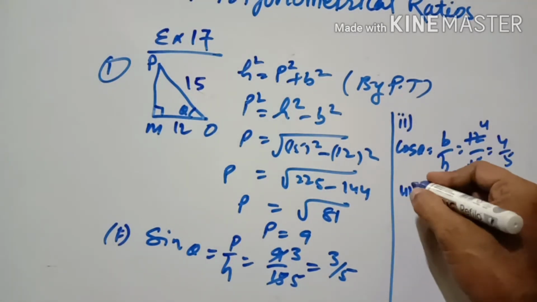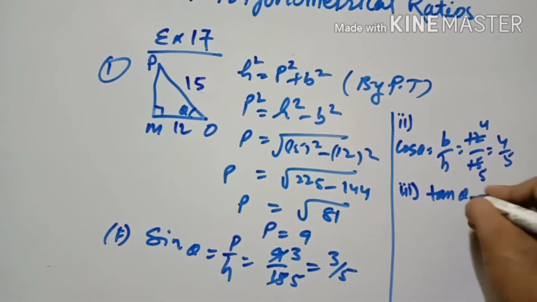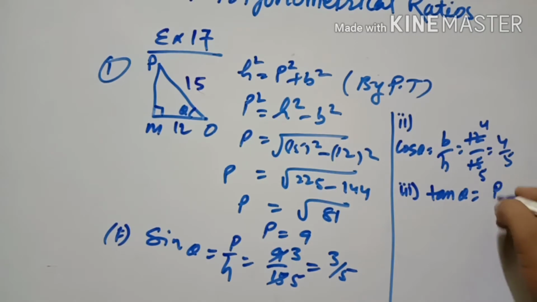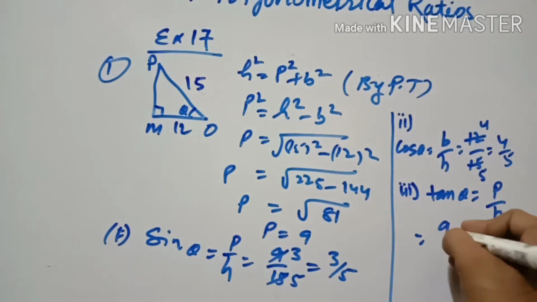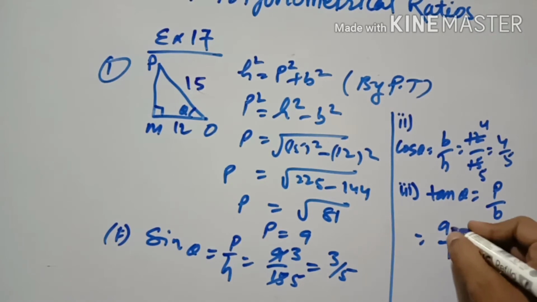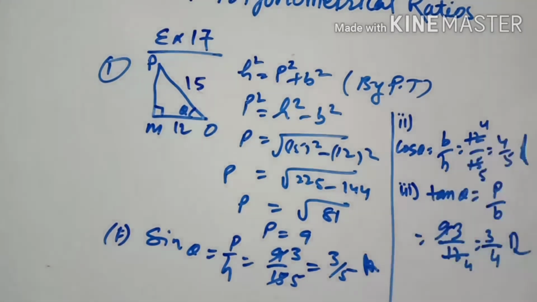And number 3, it is given tan theta. So tan theta equal to p by b. Here our p is 9 and b is 12. 3 3s are 9, 3 4s are 12, so 3 by 4. This is one answer. Like this only you can find out cot theta, sec theta and cosec theta. Write down please.